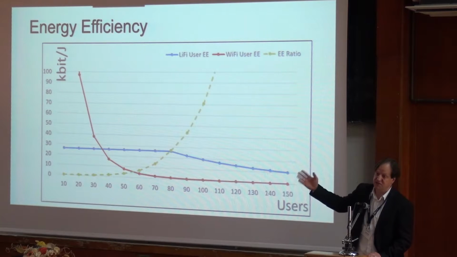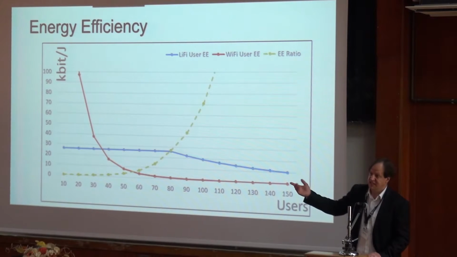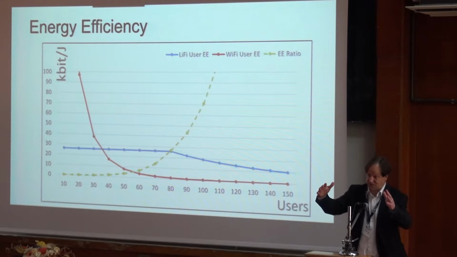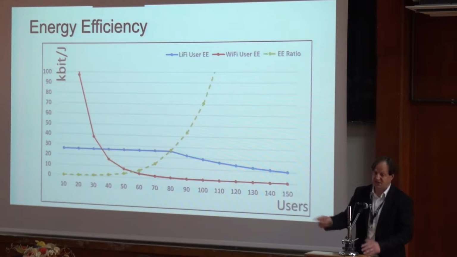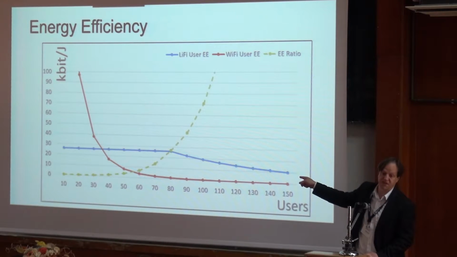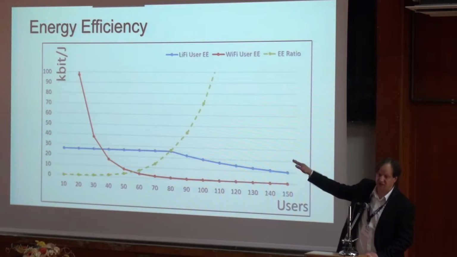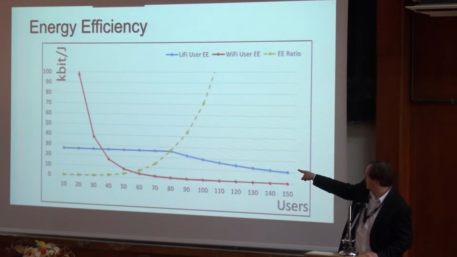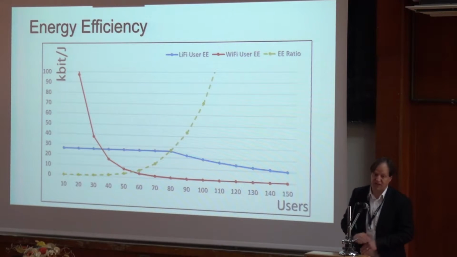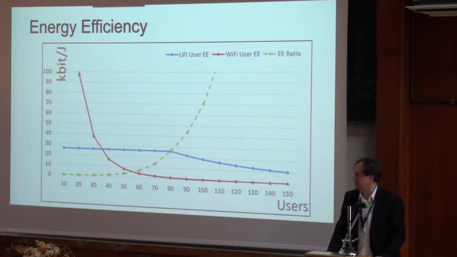With that we lose energy efficiency, whereas with LiFi, because it only covers 10 square meters, the contention state happens far later. So we start off with lower energy efficiency because of only 50 megabits, but then keep it fairly stable over a large range of users that we serve.